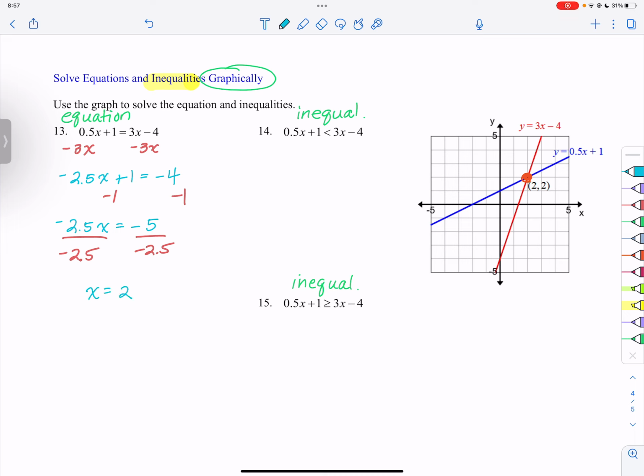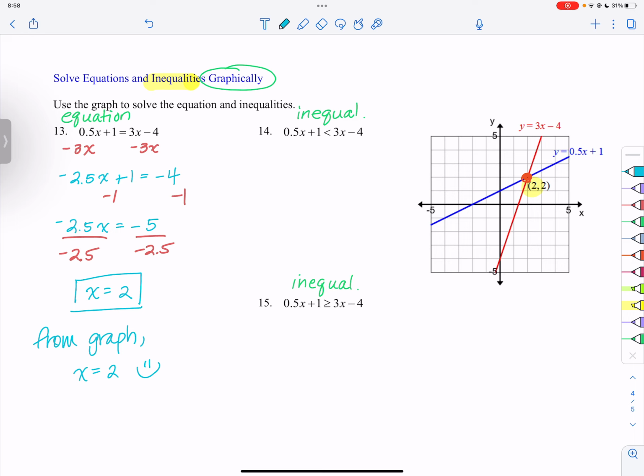And we guessed that already because here is the point where those lines are equal to each other. Okay, so graphically, you should be able to see that those two lines are equal at x equal to 2.